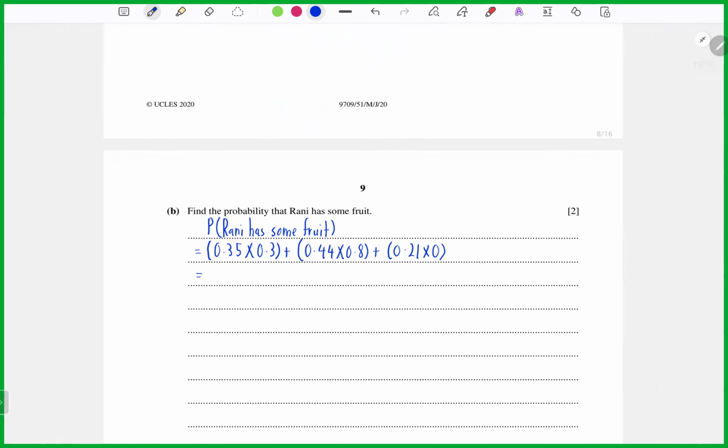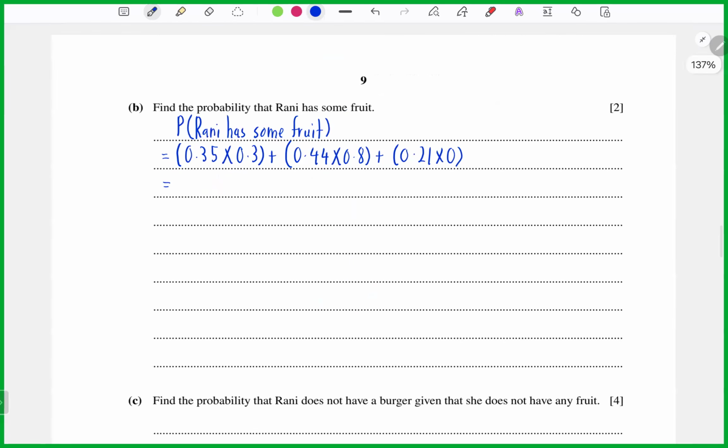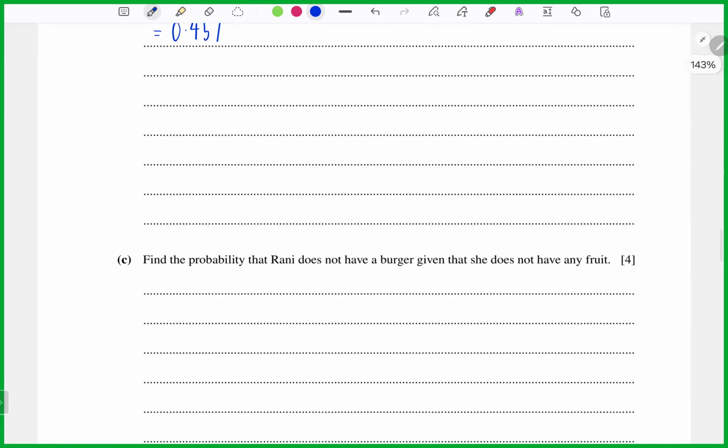So you can use your calculator to find the final answer. Your final answer here is 0.457.